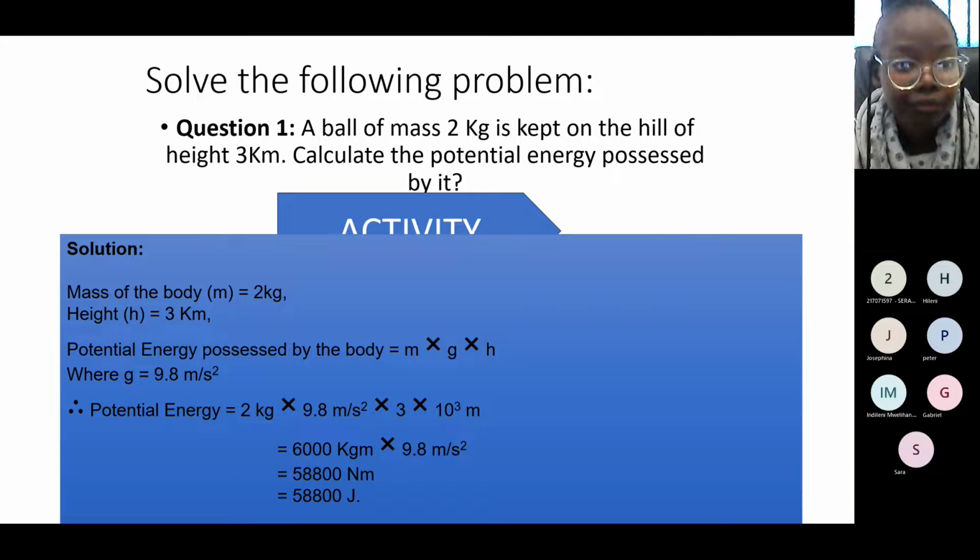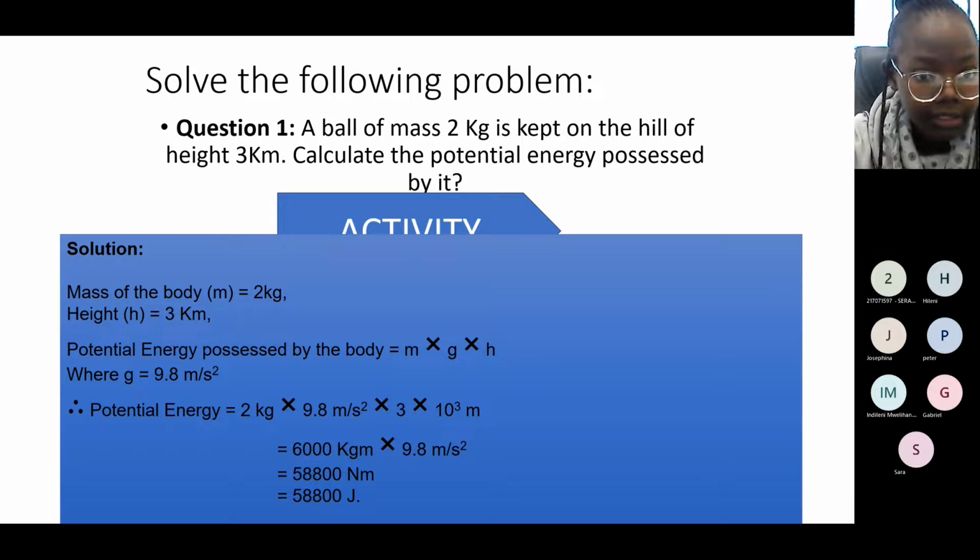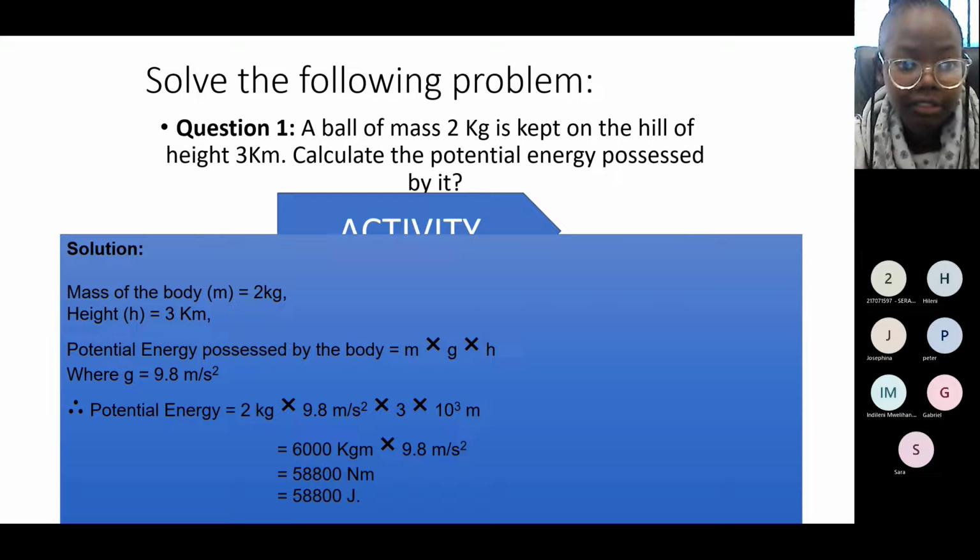So you convert your 3 kilometers to meters. So here we have it: 2 kilograms multiplied by 9.81 and the 3 kilometers converted to meters. And then you get your potential energy in joules.